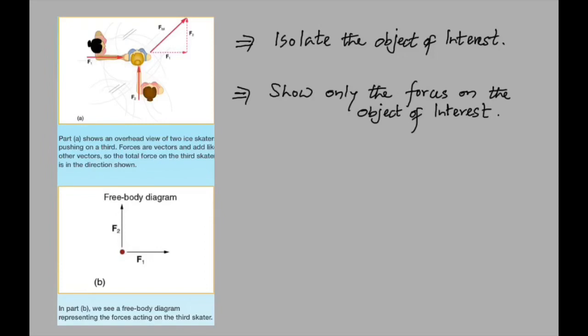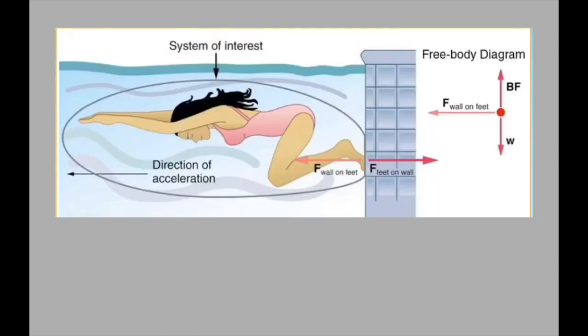There are two persons pushing a third one. If the object of interest is the third person, we only look at the forces acting on the third person, which are the forces F1 and F2. We do not consider the reaction acting on the people who are pushing. So that is called a free body diagram. Moving forward, I'm going to show you how we're going to apply the free body diagram. Take this example.